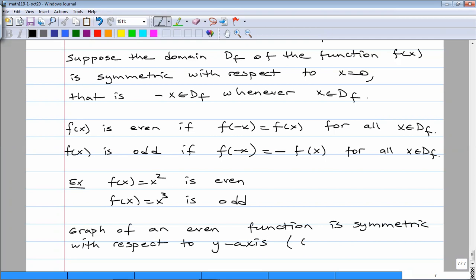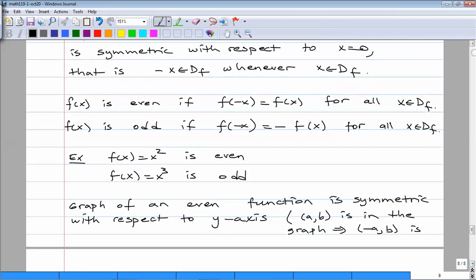So if the point (a, b) is on the graph, that means the point (minus a, b) is also on the graph.